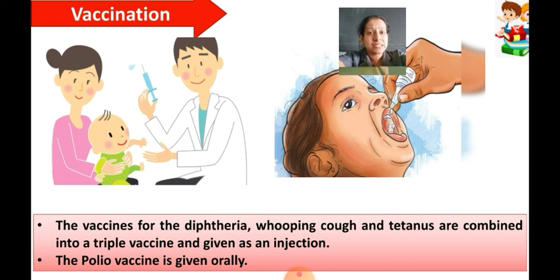All these diseases need immunization, and for that we require artificial immunization through vaccines: an injection in the form of a triple vaccine of whooping cough, tetanus and diphtheria, all three combined in one injection, and the polio vaccine given as an oral dose. So this is regarding the prevention of infectious diseases.